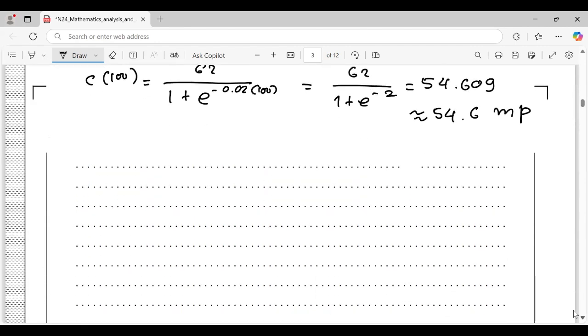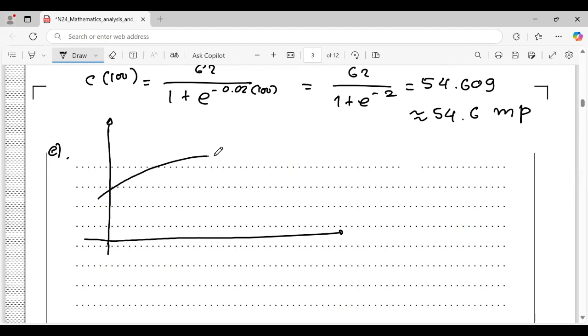My method is through a graph. I have sketched two graphs, and you may sketch as well. I have sketched the graph like this. I will use a different color.